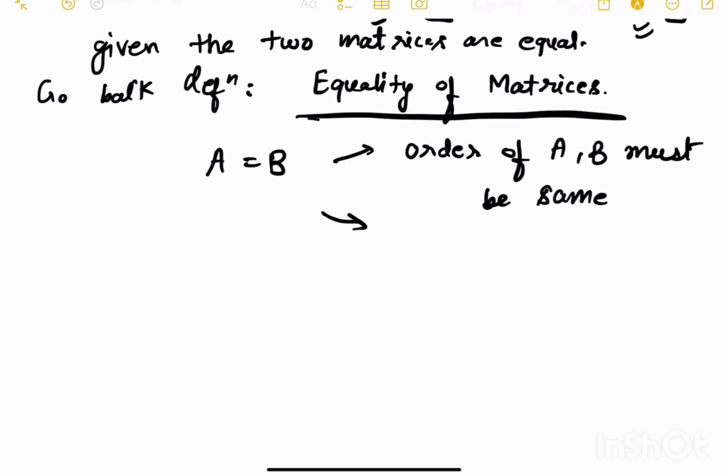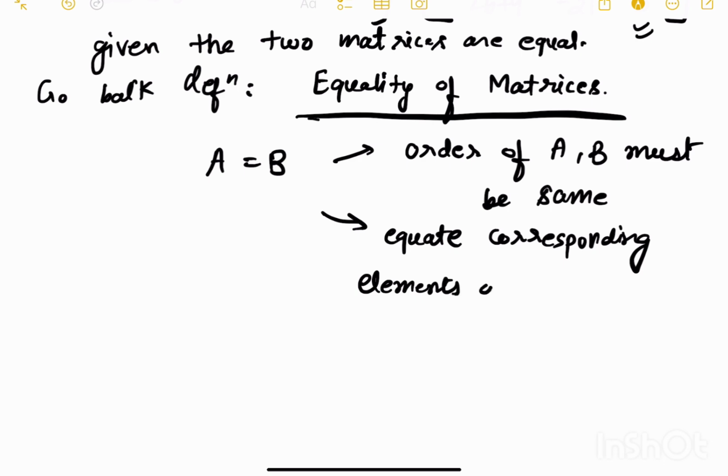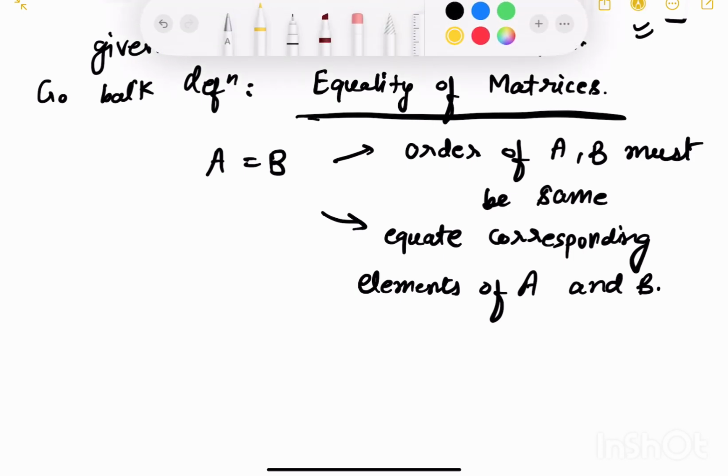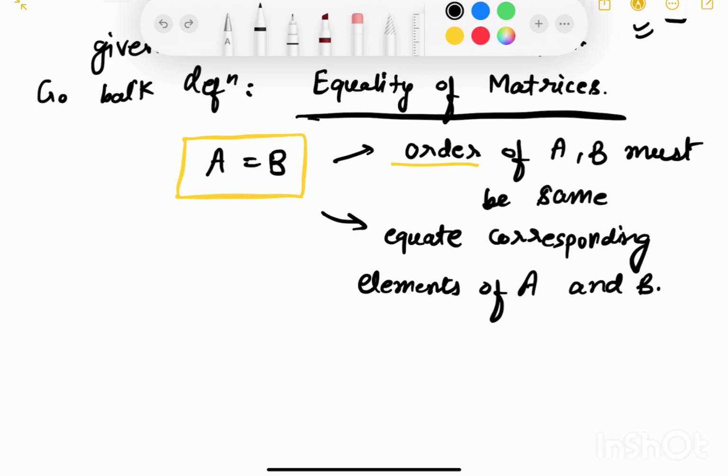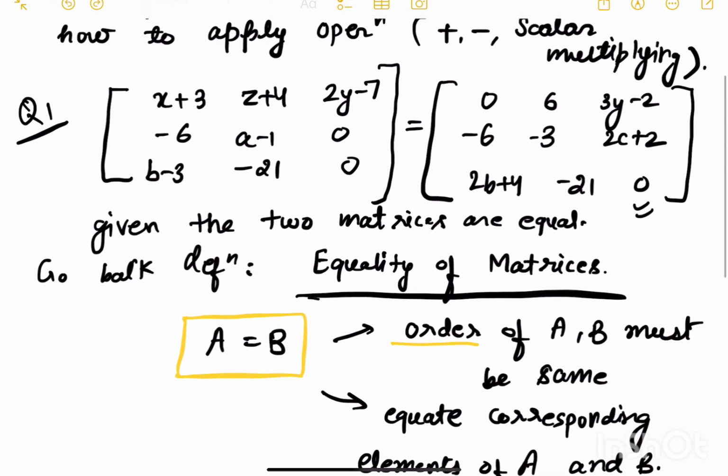And if the order is the same, we equate the corresponding elements of A and B. So this is just a continuation of the previous lecture: we use the definition of equality of matrices, which basically means that the order must be the same, and we equate the corresponding elements of the two matrices. Now let me apply this definition on the given question.